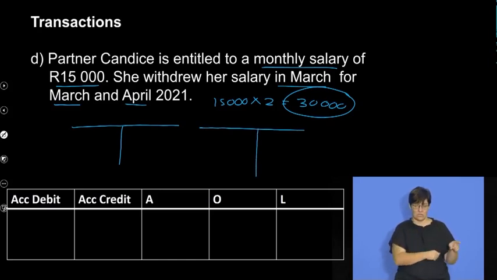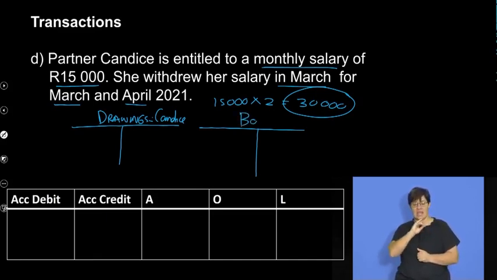Your first account will be drawings, not salary, guys. Right, so drawings, and you've got to again mention the name of the partner. I know kids really don't enjoy doing that because you're so used to just writing drawings, but remember it's drawings, partner Candace, and then we've got obviously bank because cash is involved, so bank is your second account.